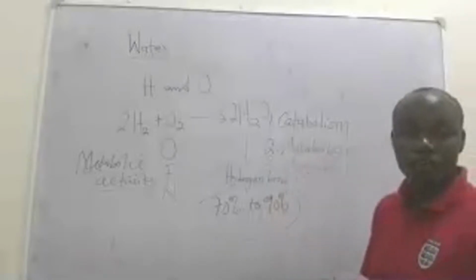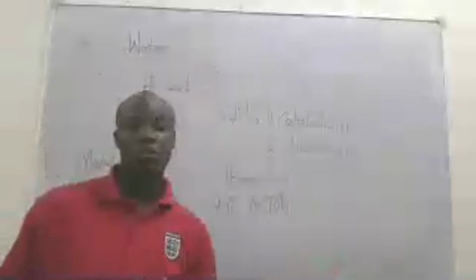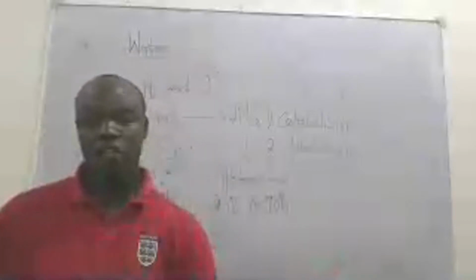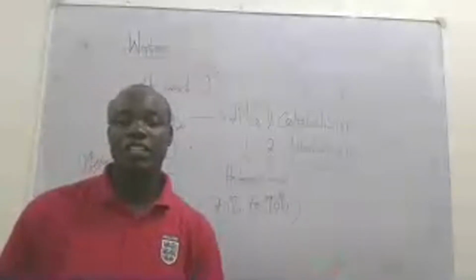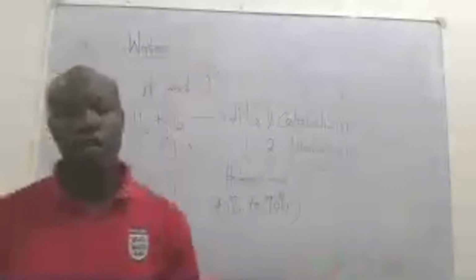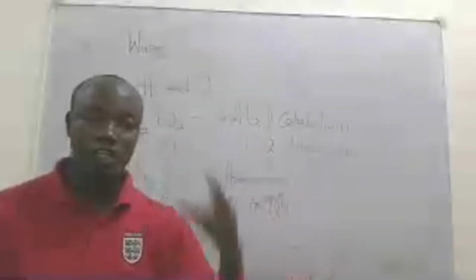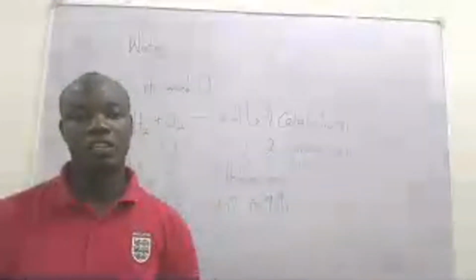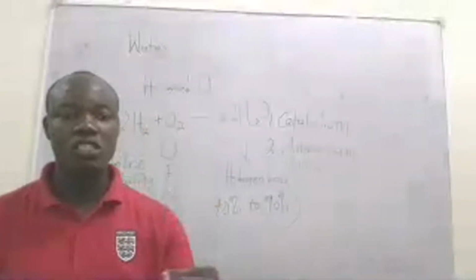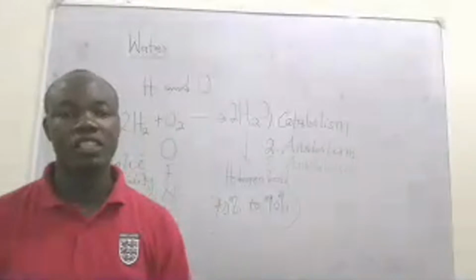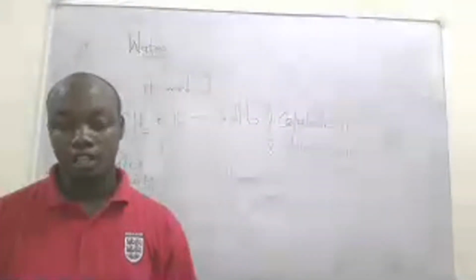So as I'm saying, number one, we have catabolism, we have anabolism, and the last one is amphibolism. Someone is asking for the definition of metabolism. Metabolism is the sum total of all chemical reactions that are taking place in the body. As I said, we have thousands and millions of reactions taking place each and every day in our body system.